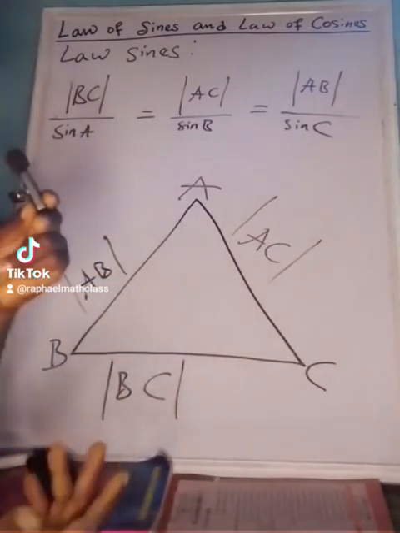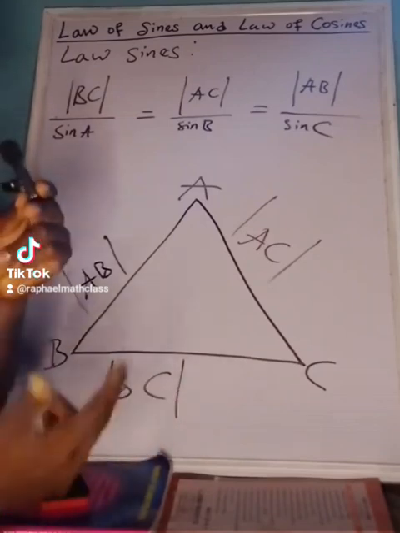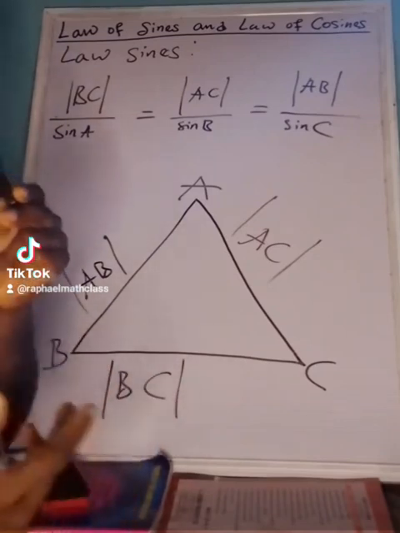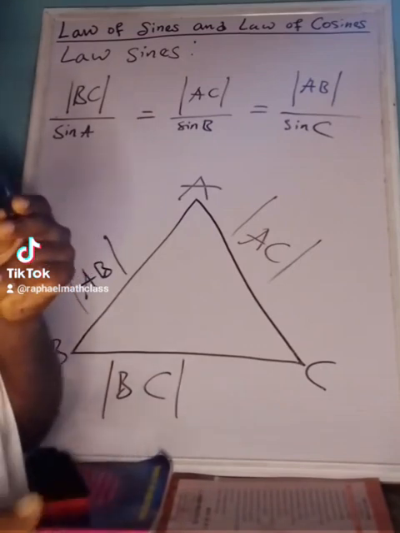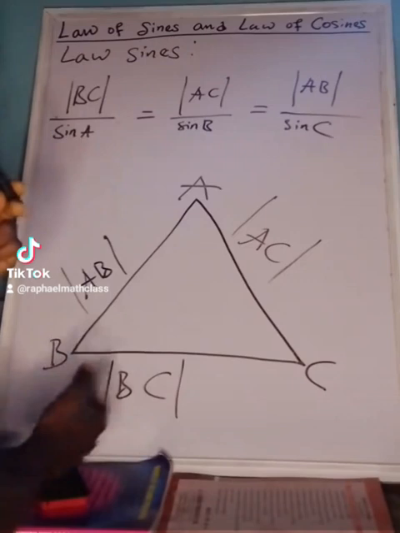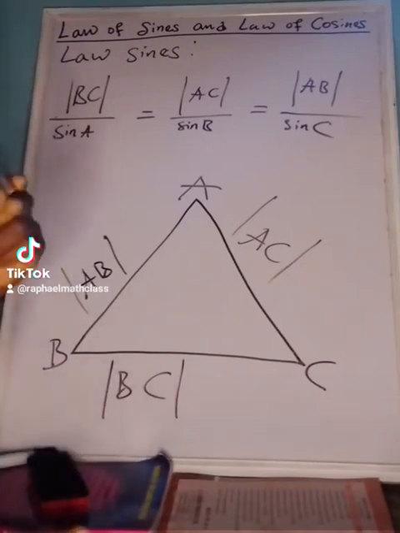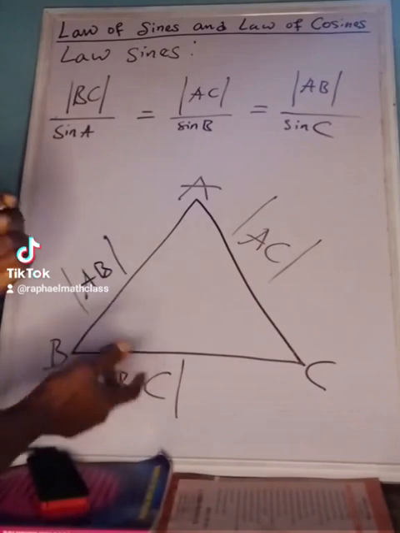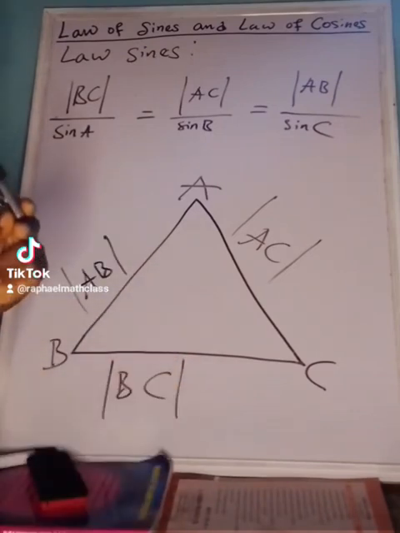If you don't have a hypotenuse, there is no way you can use SOHCAHTOA, because SOHCAHTOA has to do with opposite over hypotenuse, adjacent over hypotenuse, and opposite over adjacent. But since there is no angle 90, there is no hypotenuse side, so you cannot apply SOHCAHTOA to solve problems that have to do with triangles that are not right-angled in nature.